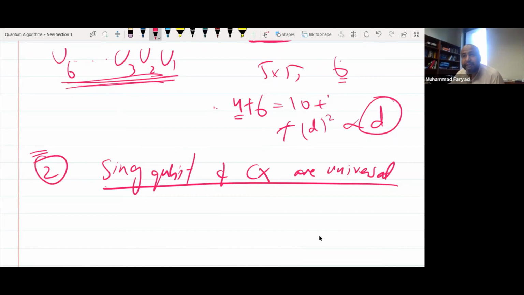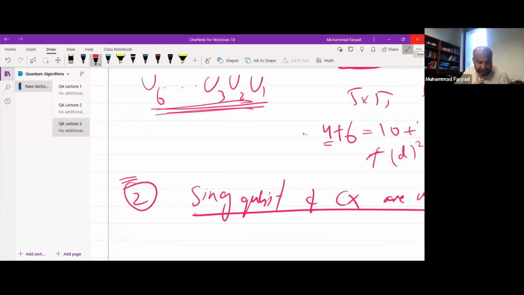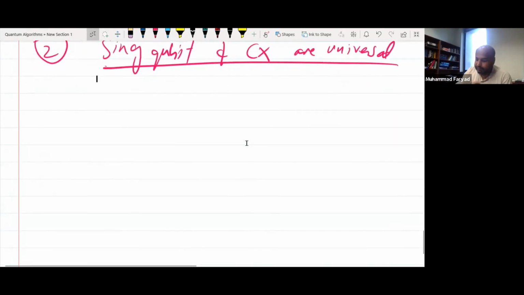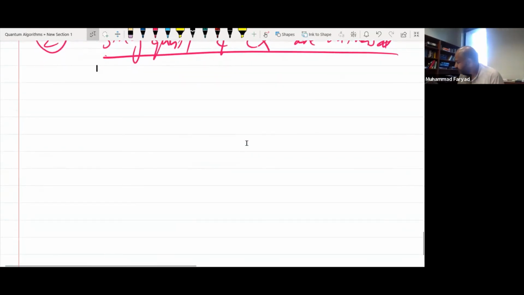That I can implement an arbitrary two-level unitary operation using quantum circuits that contain only single qubit gates and controlled-X gates. And the trick for this is what is called Gray code.